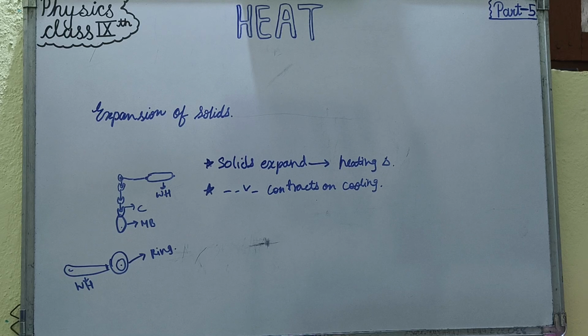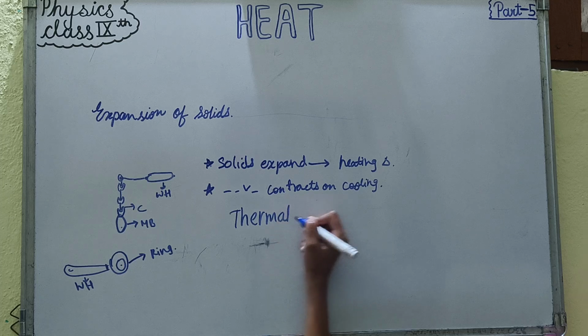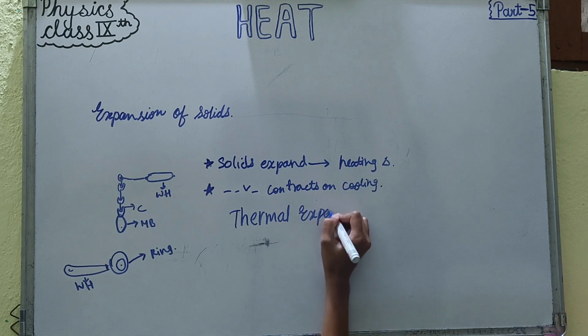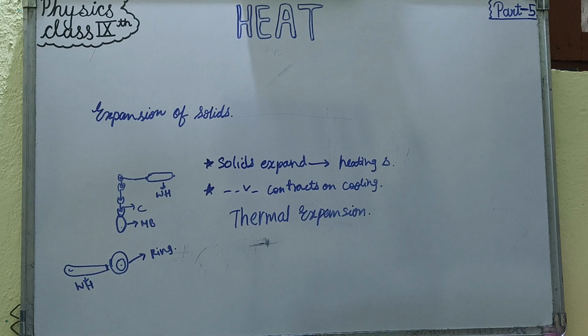Now we can say that solids expand on heating and contract on cooling. The expansion of a substance on heating is called thermal expansion of the substance. The reason is that when a substance is heated, the average kinetic energy of its molecules increases.